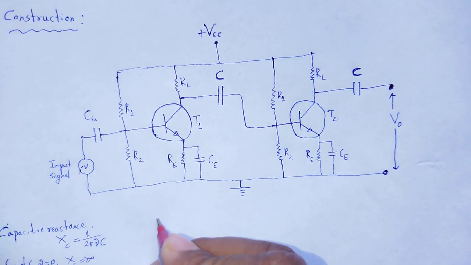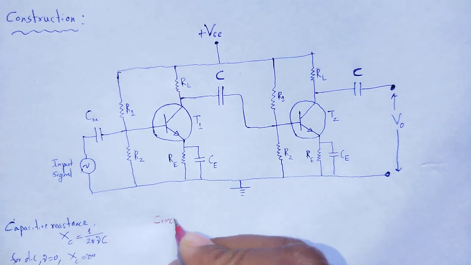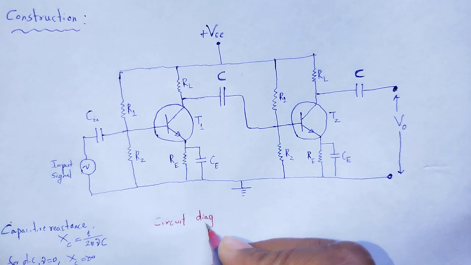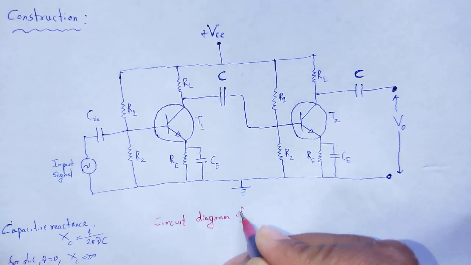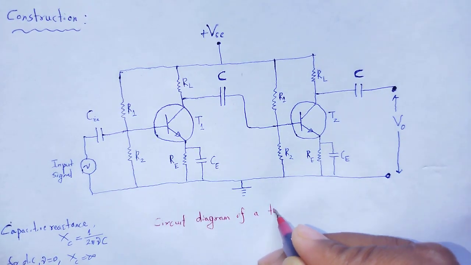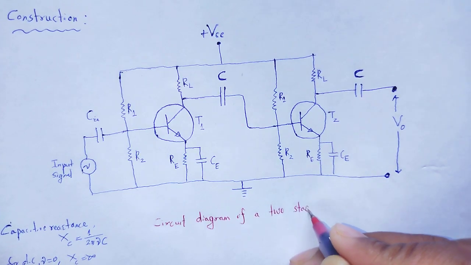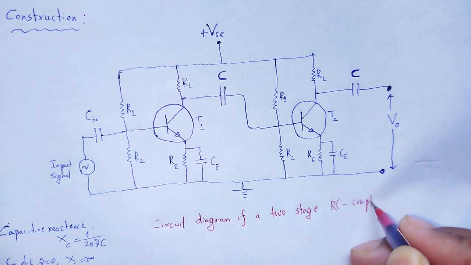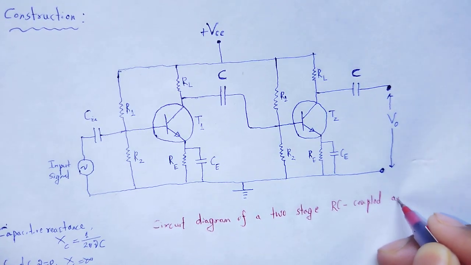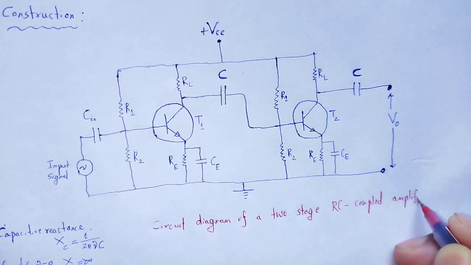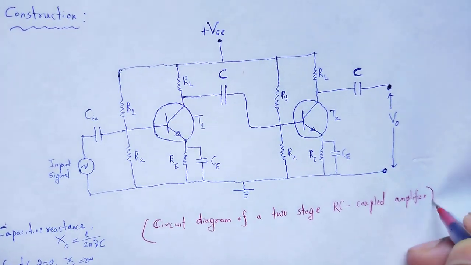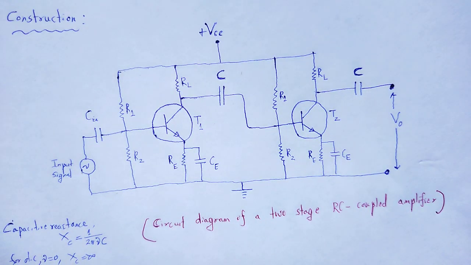That one is the circuit diagram of a two-stage RC coupled amplifier.